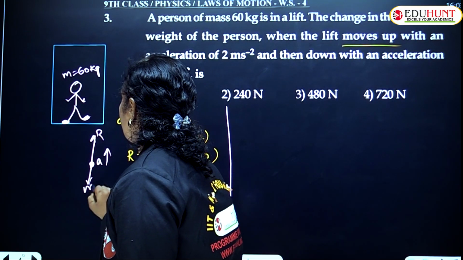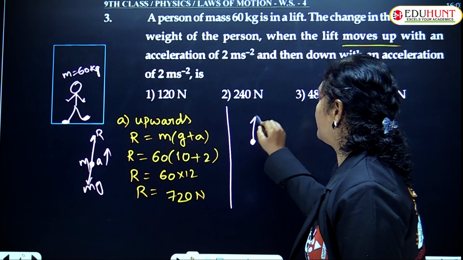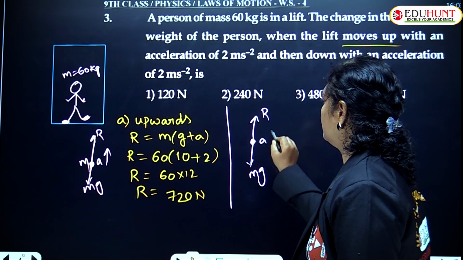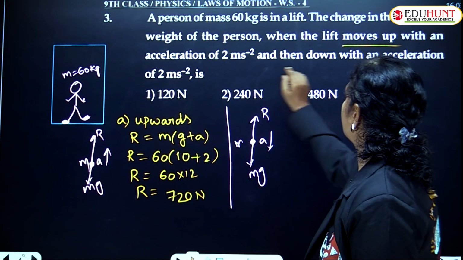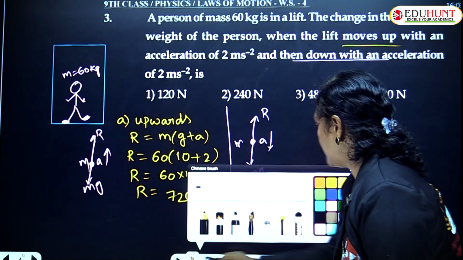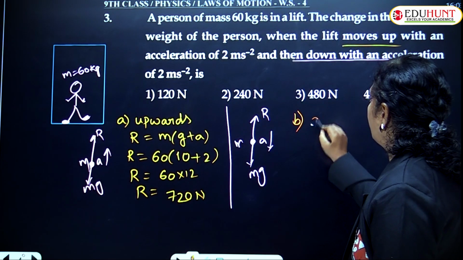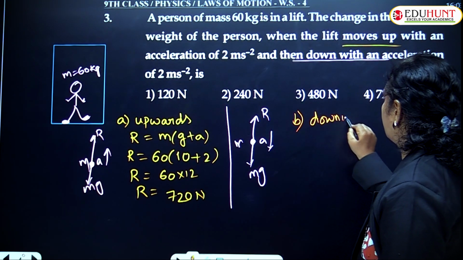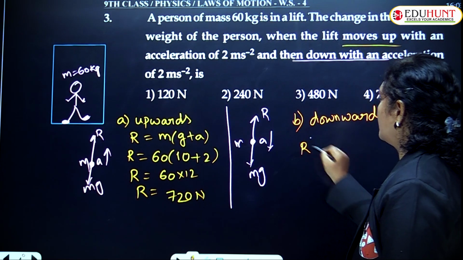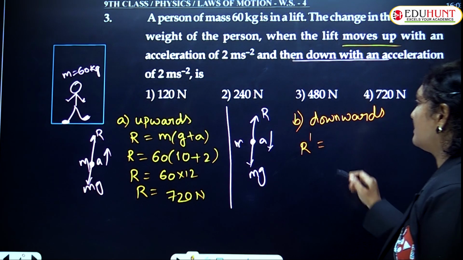Suppose the same lift is moving downwards, the second case. For moving downwards, the net force, the reaction force, is given as how much, children?